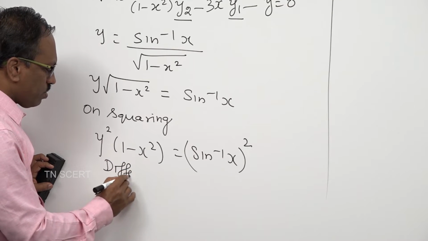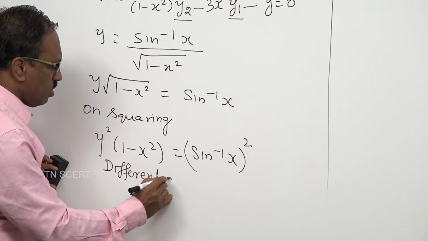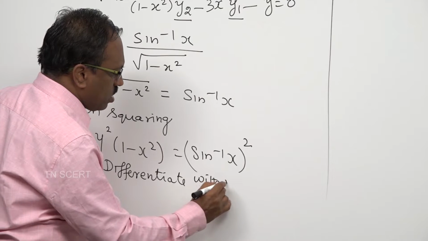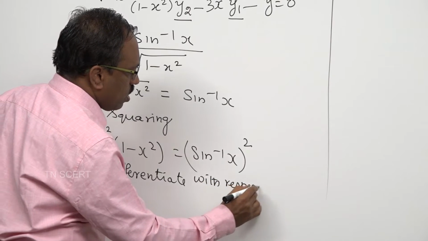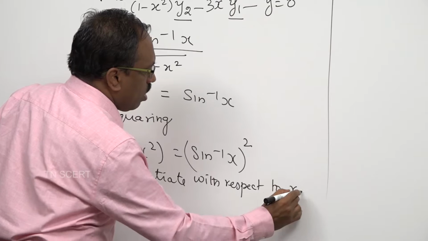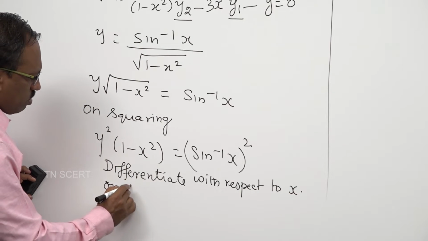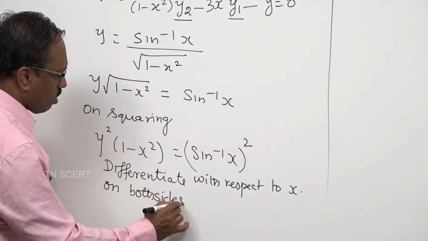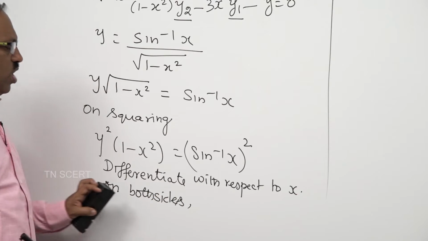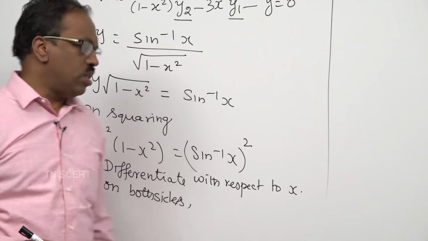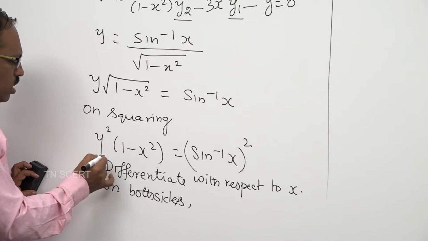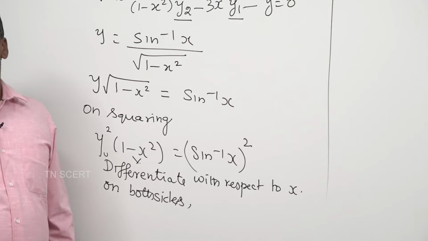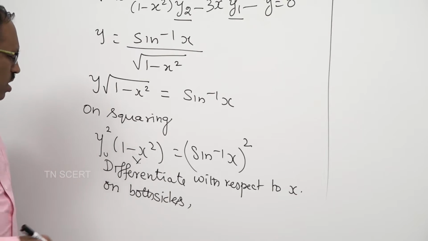Differentiate with respect to x on both sides. That means here this is nothing but u and this is v, and u and v here.